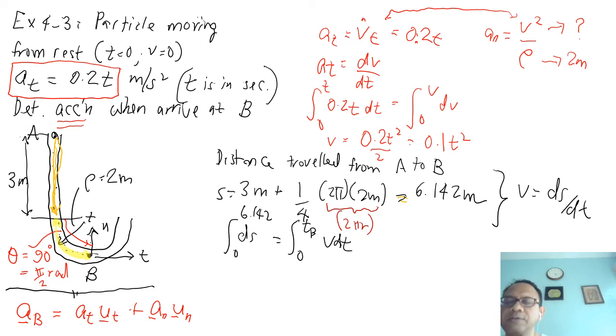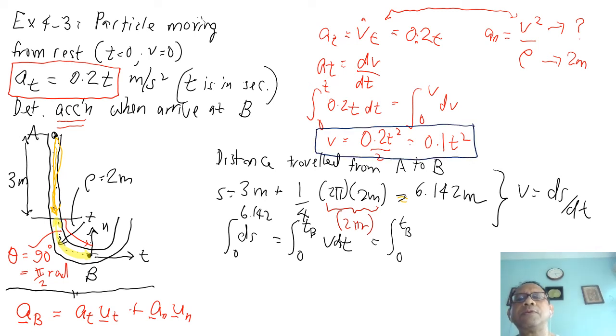That's equivalent to the integration from 0 to time B of v, and we know v is 0.1 t square, so 0.1 t square dt.